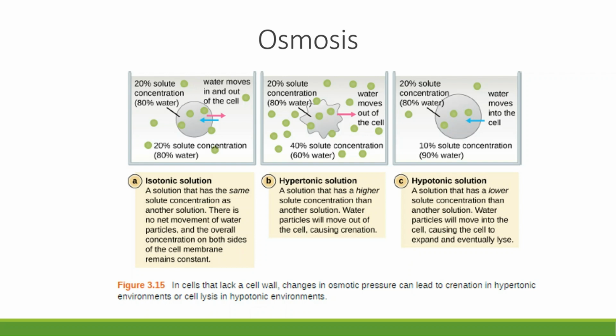In example B, the solute to water ratio is higher outside of the cell than it is inside of the cell. In other words, there's more solutes on the outside of the cell per given amount of volume. This is called a hypertonic. Hyper means high, so there's a high amount of solutes outside the cell.